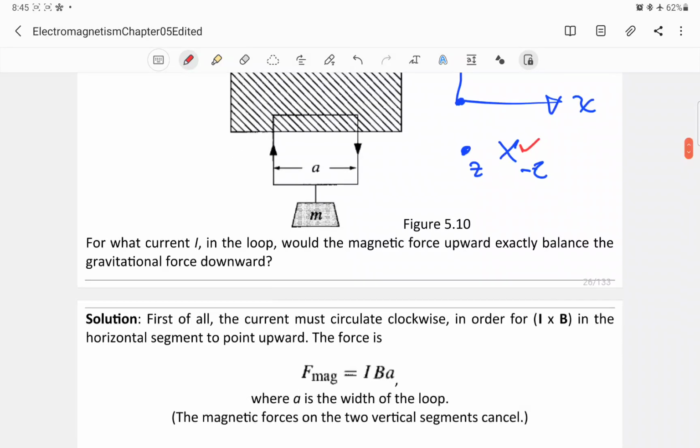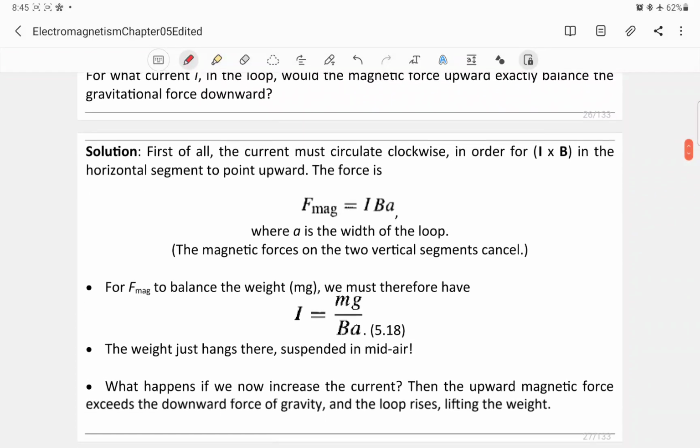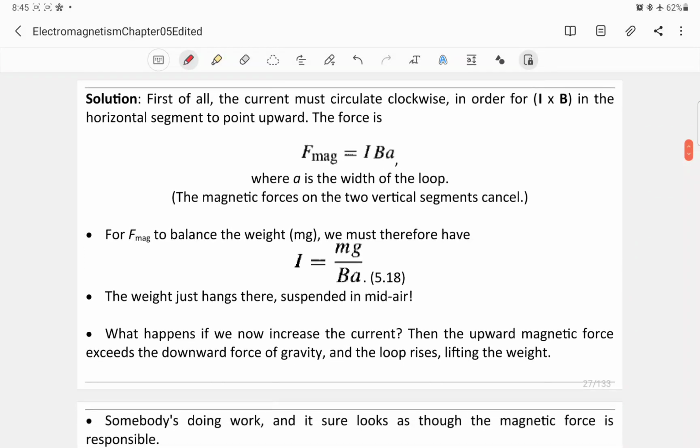So let's look at the solution. In this case, the current must circulate clockwise in order for I cross B in the horizontal segment to point upward. So the force is equal to IB times A, where A here is the width of the loop.